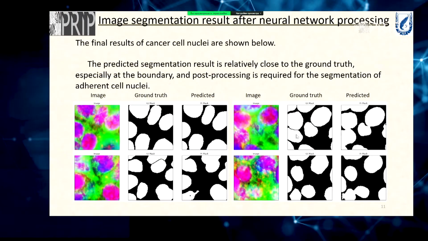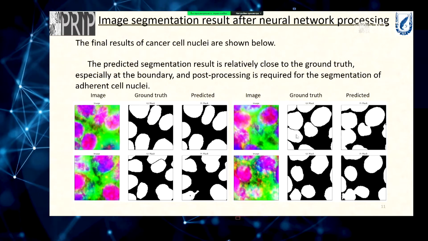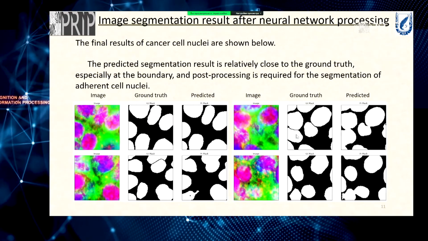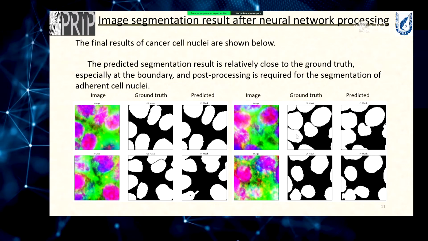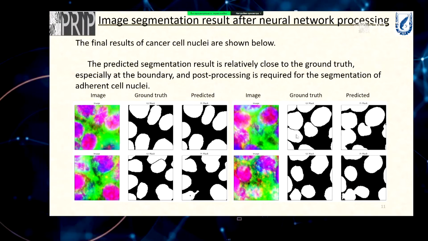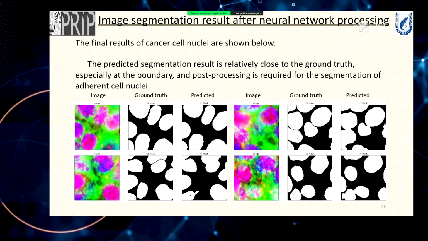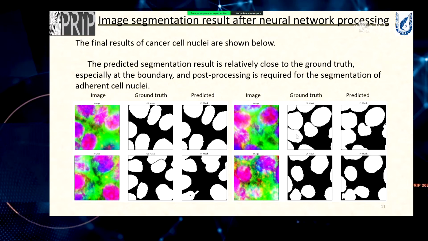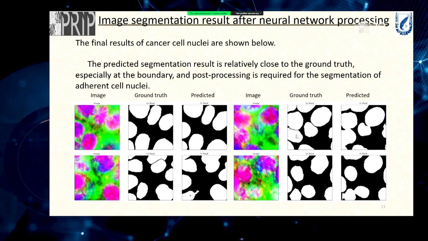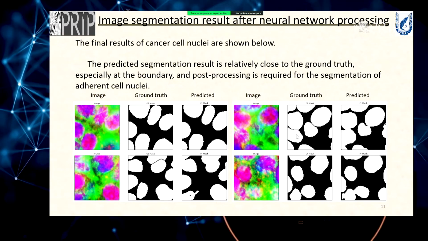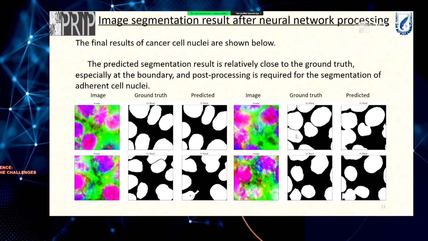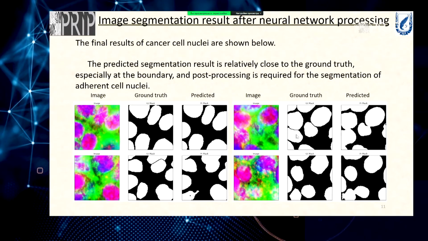As a result, the predicted segmentation result is relatively close to the ground truth after using patch extraction and normalization, especially at the boundary. We can see in the first group of images, image, ground truth, and predicted mask, the boundary is nearly completely the same.